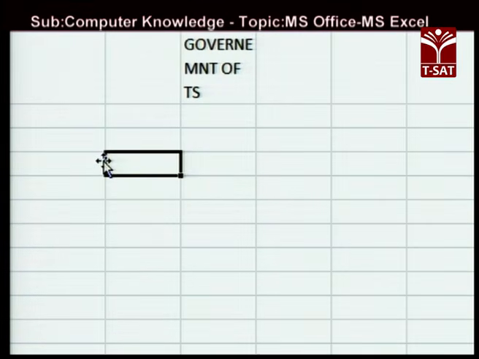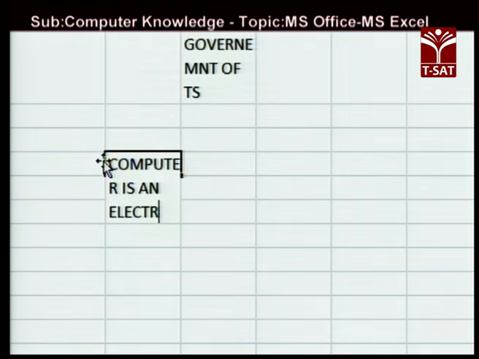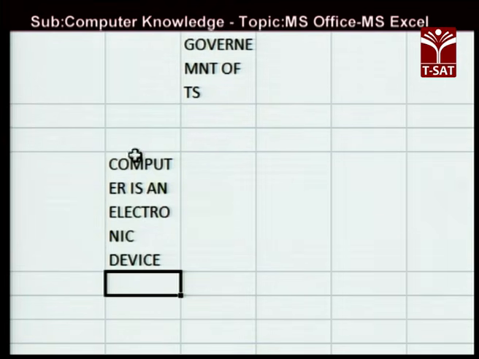So now we write here: computer is an electronic device. So this matter is contained in only one cell. How?